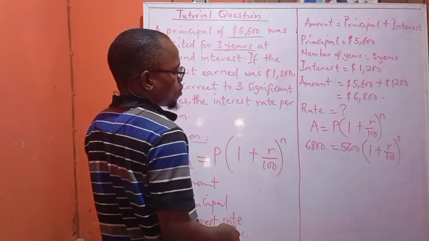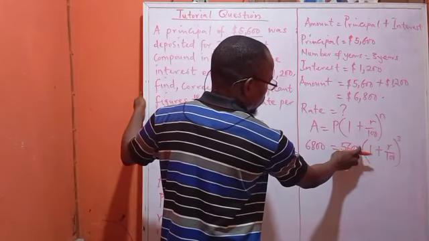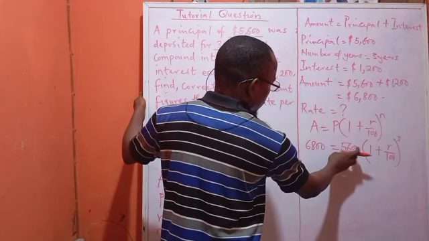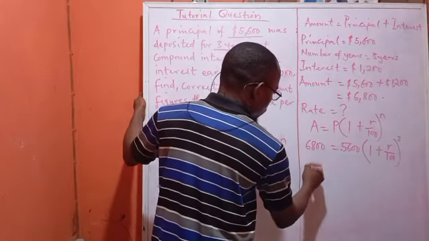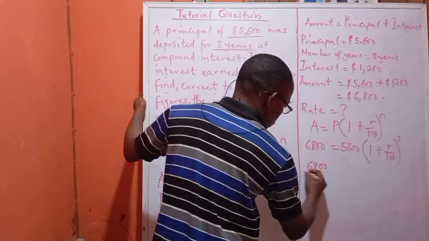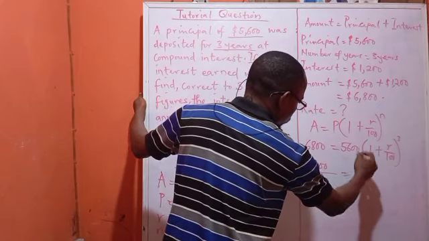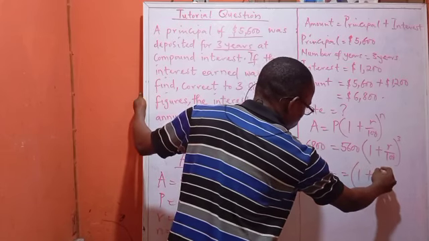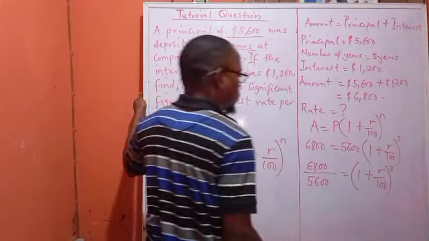So what do we do here? Let's divide both sides by this value. You'll have 6,800 divided by 5,600 equal to 1 plus R over 100 raised to power 3.